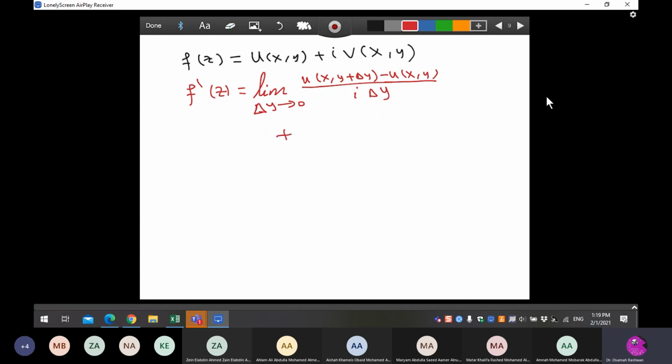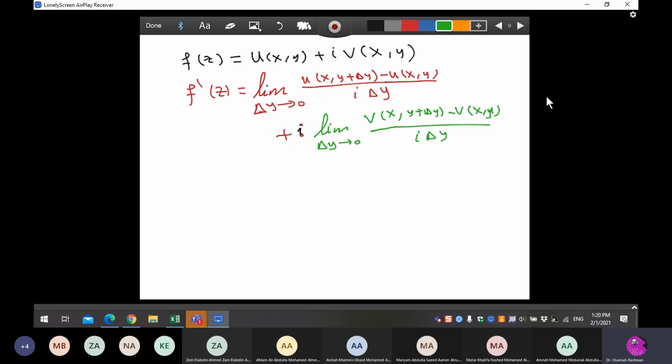Plus i, the other part, limit when delta y tends to 0, when I make the change in the direction of y, but going for v this time, v of x and y plus delta y minus v of x and y over i delta y.